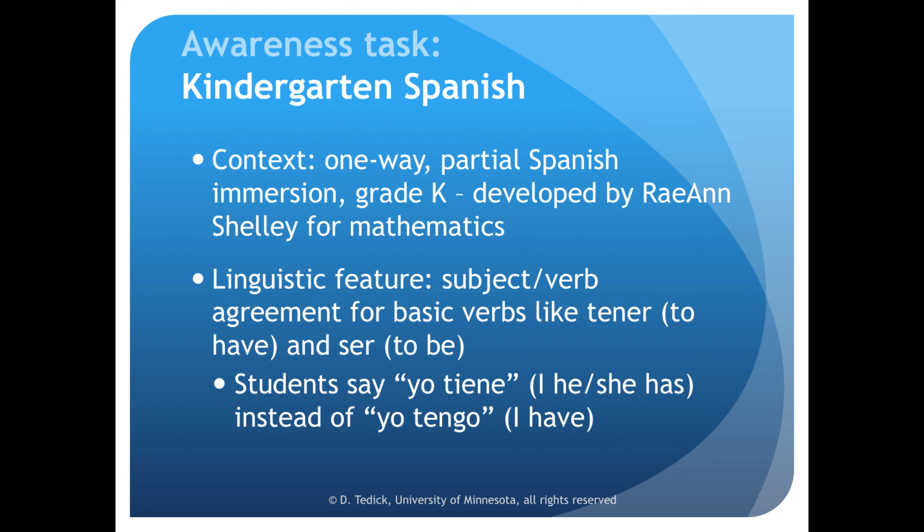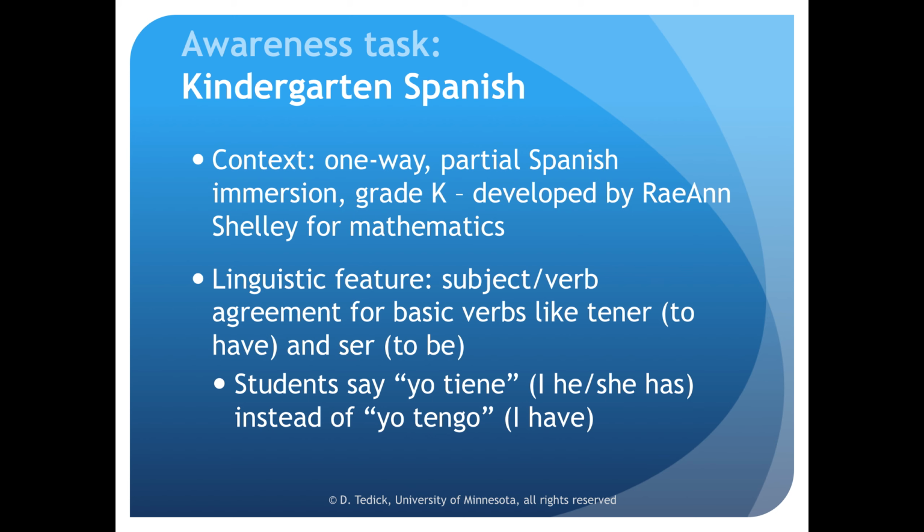This was developed by Rayanne Shelley, a kindergarten teacher in a Spanish program out in Utah. The linguistic feature was subject-verb agreement, specifically for first person singular and plural, and then third person singular.